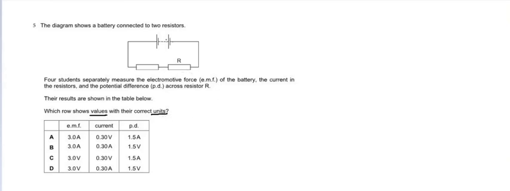You can see this is the battery, and we are measuring the EMF across the battery. You know what EMF is: it is nothing but the maximum potential difference present across the battery.